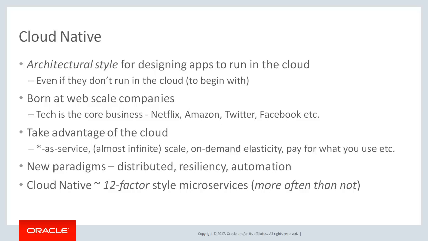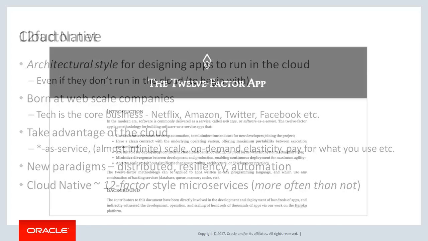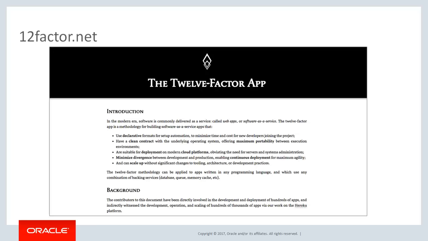Now, cloud native applications often tend to overlap with what are called the 12-factor style of development or 12-factor style microservices, right? And again, even these 12-factor style applications are nothing but a bunch of common guidelines or patterns for these SaaS style applications, software as a service applications, and these were actually compiled.